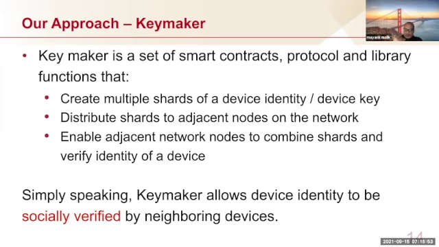I'll walk through step by step what that entails. But simply speaking, we are using a social verification mechanism where these devices all belong to this blockchain network. And other devices on the network, so let's say I'm a device on the network, can then combine their shards of my identity to verify that the identity that I'm presenting to the network is accurate or correct.